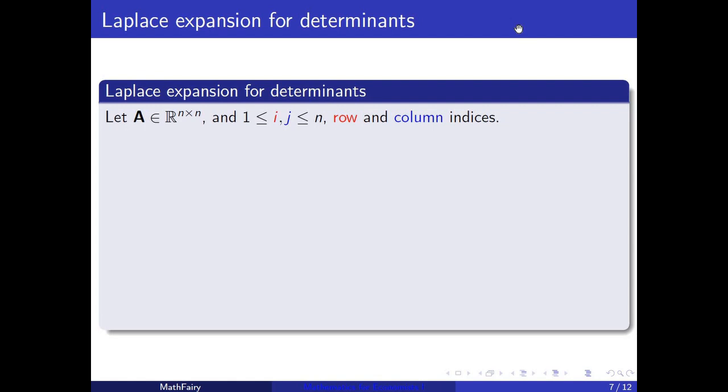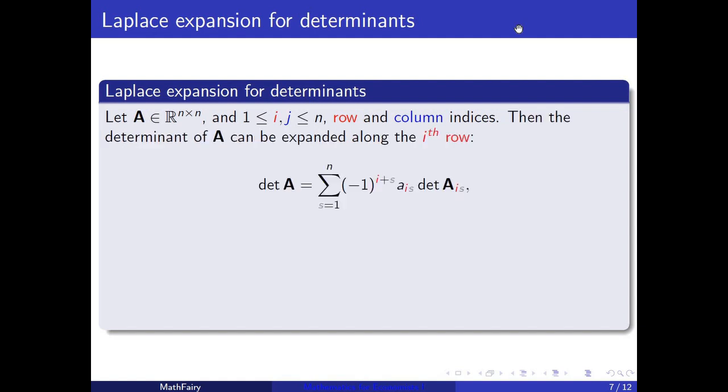Now, using this concept of minor matrices, we can expand the determinant of a larger matrix using the weighted determinants of the minor matrices along some row or column. So first, let's pick a row or a column. Then the determinant of A can be expressed along the ith row like this, or along the jth column like this.